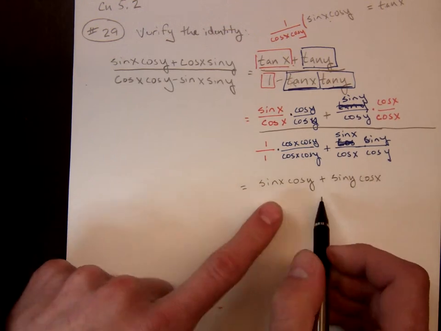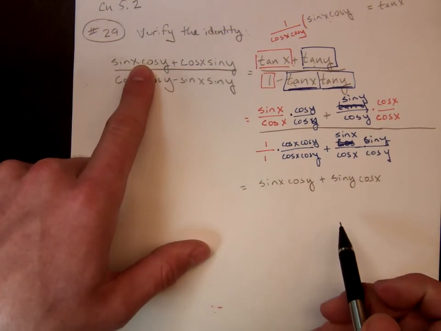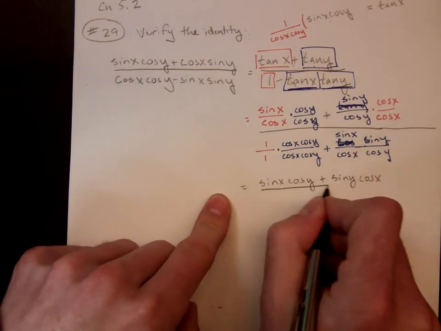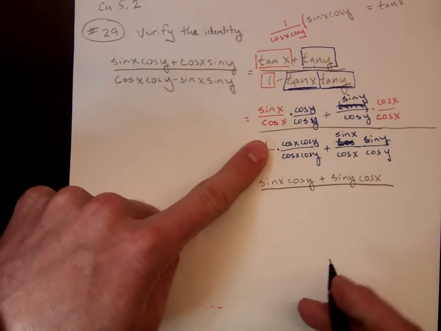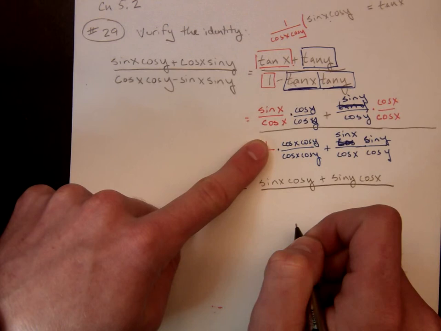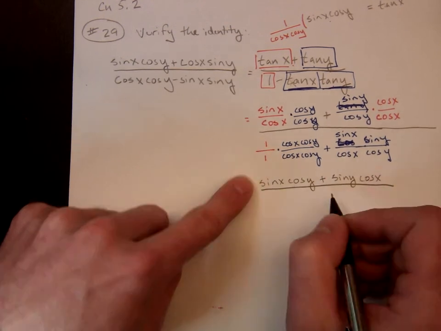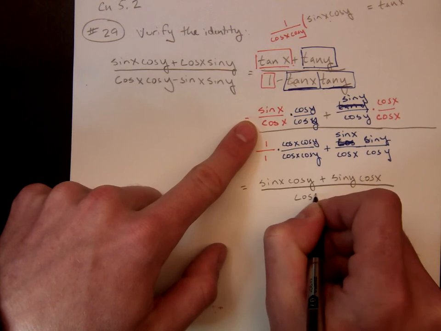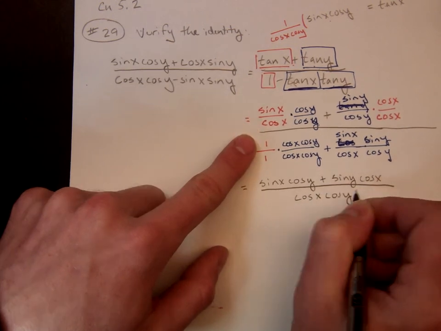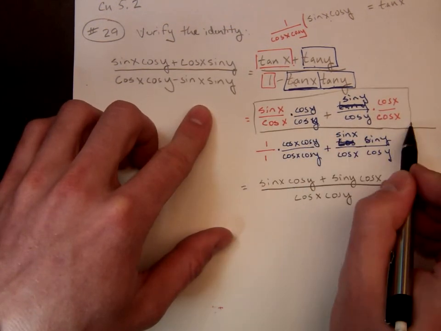Which is looking pretty nice, actually. I'm pretty much already there. And then on the bottom, well, the 1 isn't really going to be important because I'm just multiplying by 1. I get cosine x. Okay. Oh, and I'm sorry, all of that was over cosine x cosine y. Okay, and so I just worked on this top piece.